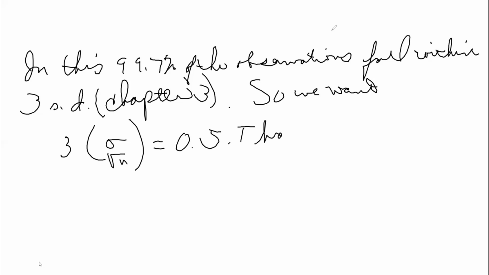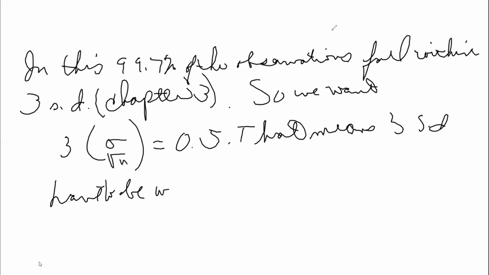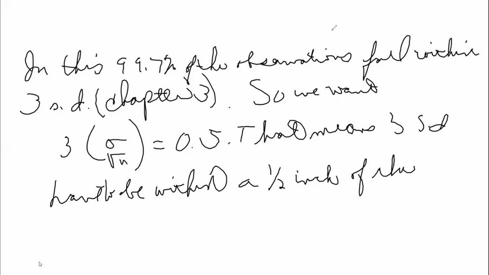Again, that means 3 standard deviations have to be within a 1/2 inch of the mean. We want 99.7% of the guys to be within a 1/2 inch of the mean. We don't want all of these basketball players. So do the math.